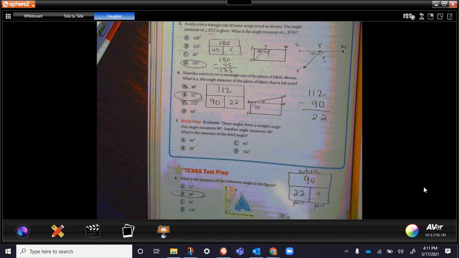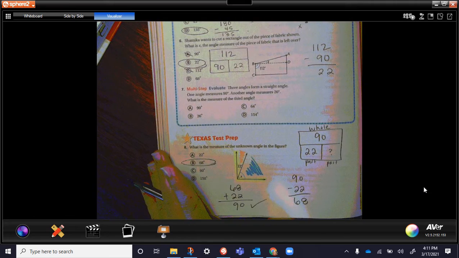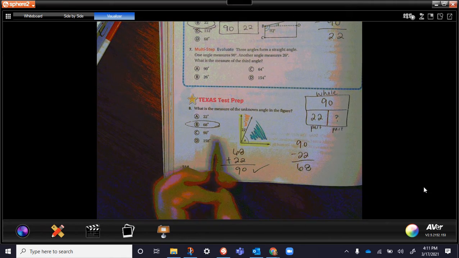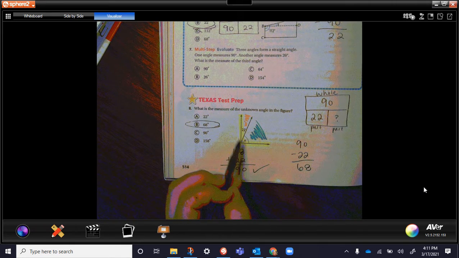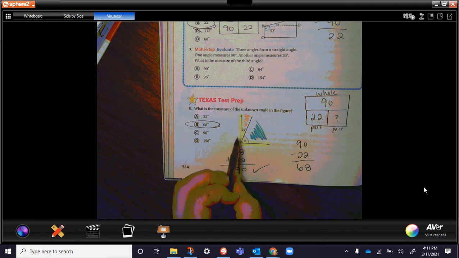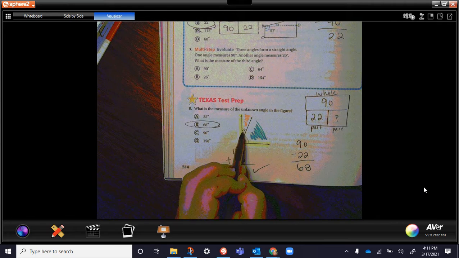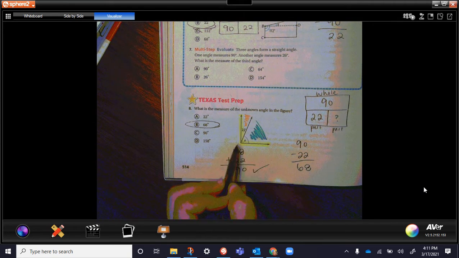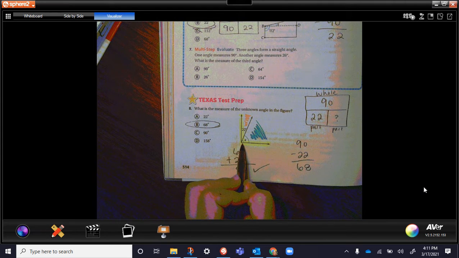All right, we skip down to 8, and this says, what's the measure? We've got this unknown angle measurement here. Again, when only one number is given to you, you need at least 2. So if it only gives you 1, go on the hunt and see, is there a little box there showing that this is 90 degrees?